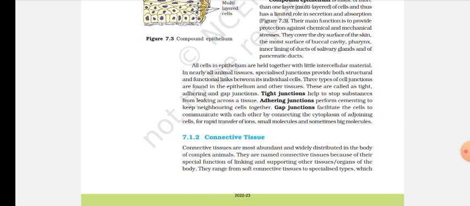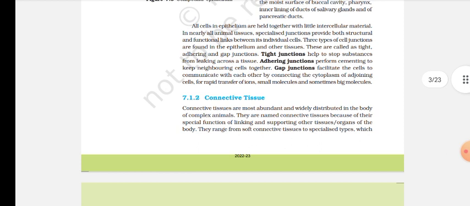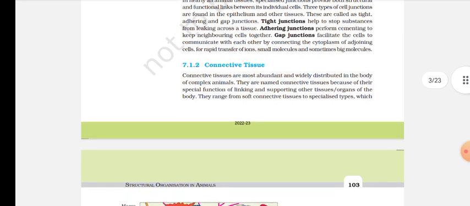Tight junctions help to stop substances from leaking across a tissue. Adhering junctions perform cementing to keep neighboring cells together. Gap junctions facilitate the cells to communicate with each other by connecting the cytoplasm of the adjoining cells for rapid transfer of ions, small molecules, and sometimes big molecules.